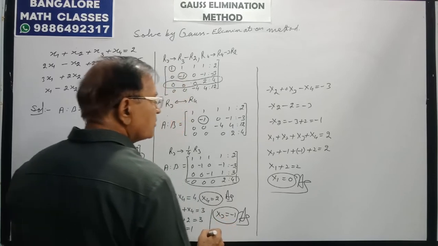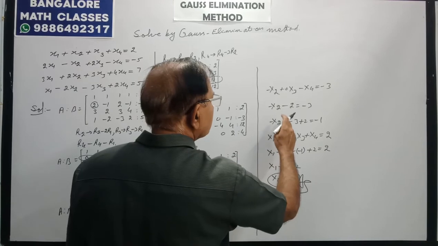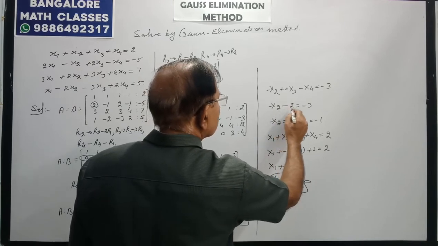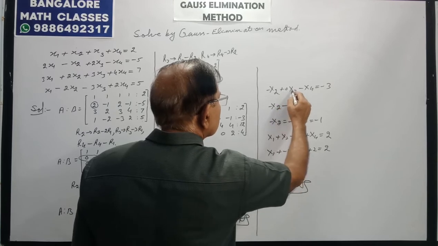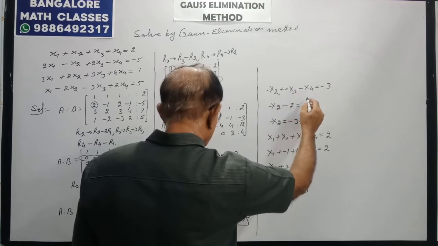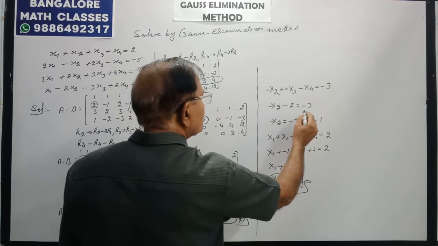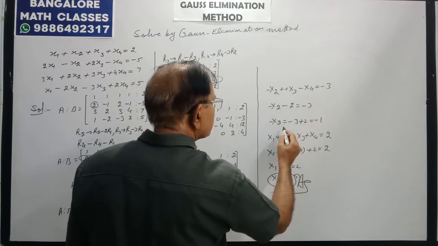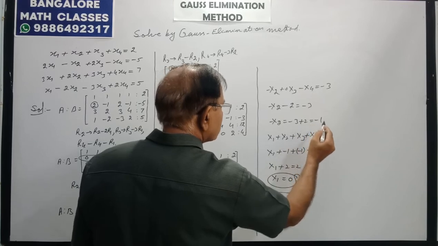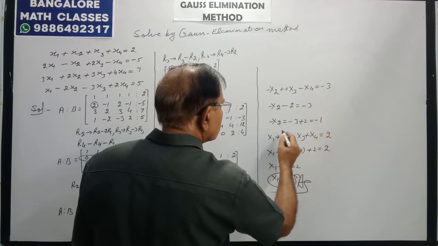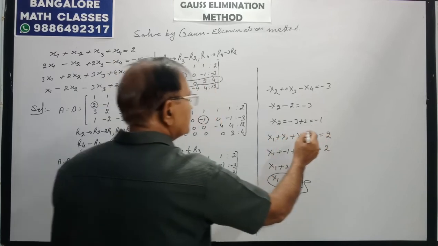So overall we will get minus, it's 0 and x4. x4 is 2 equals minus 3. Minus x2 equals minus 1. Thus x2 will come out to be here 1.